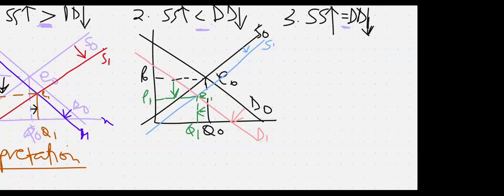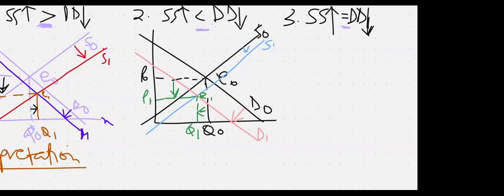And the equilibrium quantity also decreases from Q0 to Q1. Do you understand it? So if the demand has a greater impact than the supply of the MKM cocoa drinks, this will be the effect.